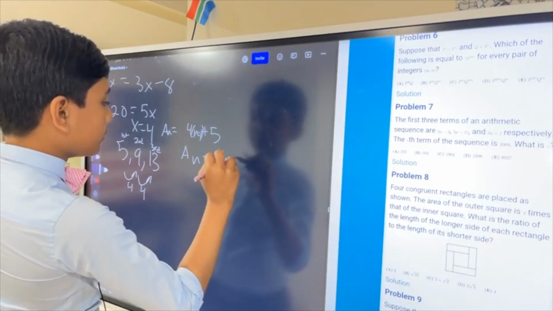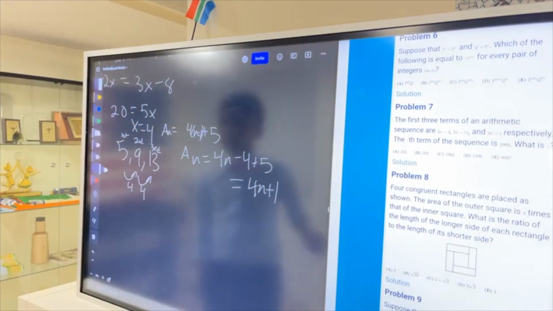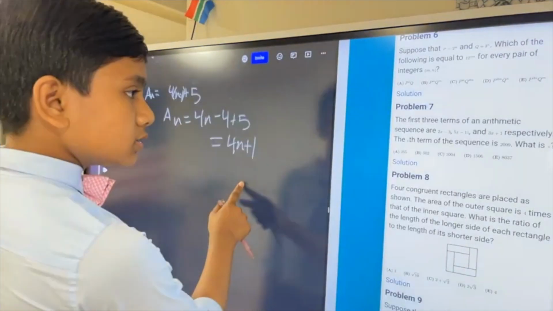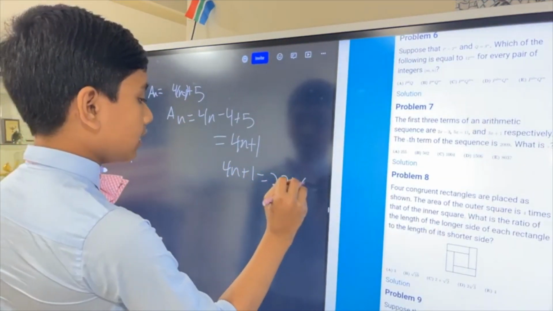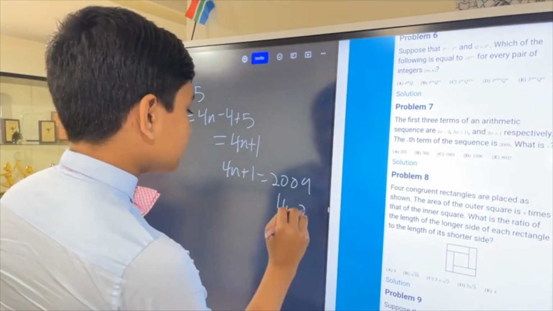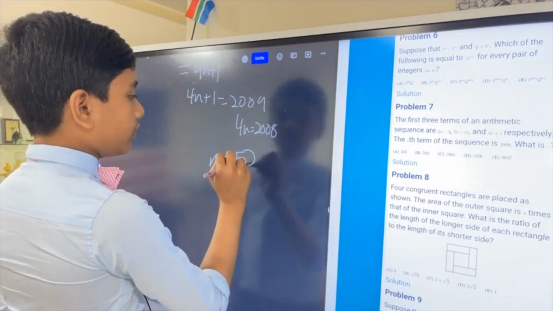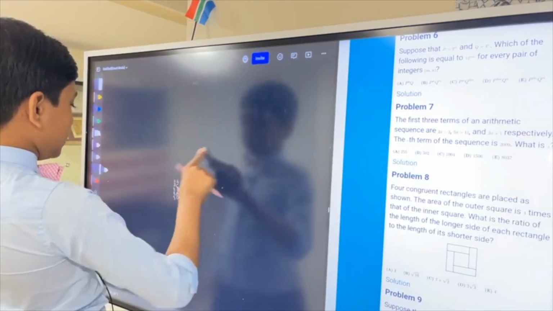So 4n minus 4 plus 5. So 4n plus 1. So that's for any nth term. So 4n plus 1 is 2009. 4n is 2008. So n is equal to, I believe, 502. Yeah, B. Okay. And where's our answers?